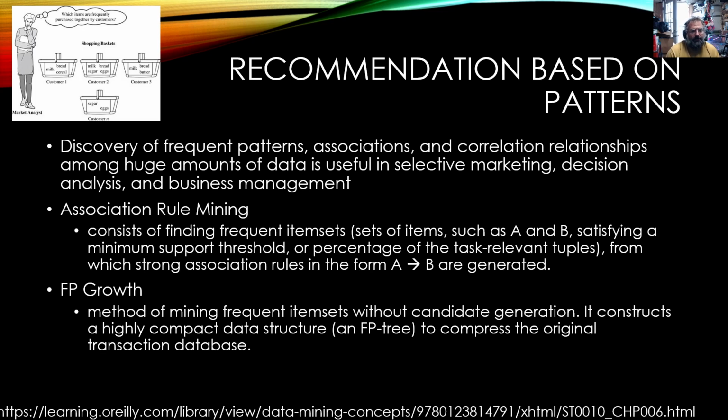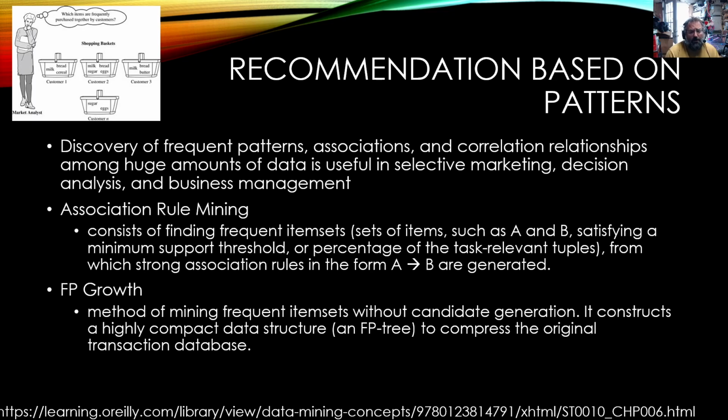So you look for patterns based upon historical values, looking for some sort of correlation between the items that are being purchased. Those that have a high degree of correlation you might make as a recommendation. That's where this concept of association rule mining comes from.